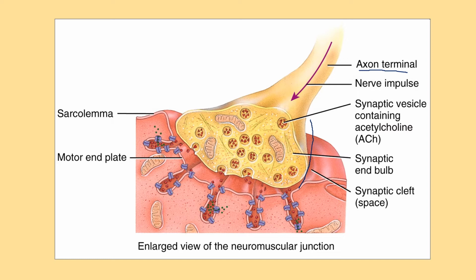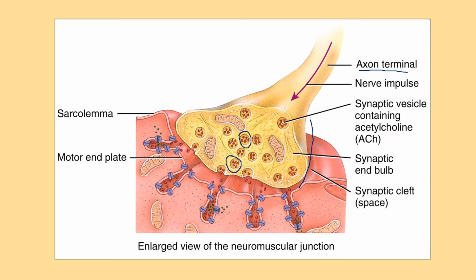So as an action potential travels along the motor neuron and reaches the synaptic end bulb, that action potential will cause these vesicles. So all of these spherical things inside the synaptic end bulb, these are all vesicles. They're sacs, they're membrane-coated sacs full of a neurotransmitter, full of a signaling molecule called acetylcholine.